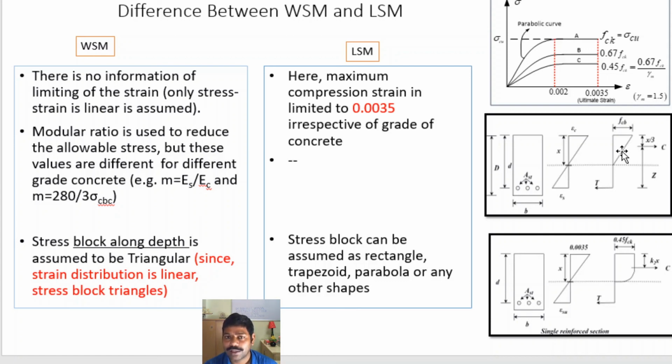Similarly, for the limit state method, you also have to calculate the equivalent stress which concrete can carry and represent it by one line, which is at k2 x distance from the top. The total compressive force carried by the concrete we represent by C, and the total tensile force carried by the beam will be carried by the steel reinforcement, so we represent it by this line here.